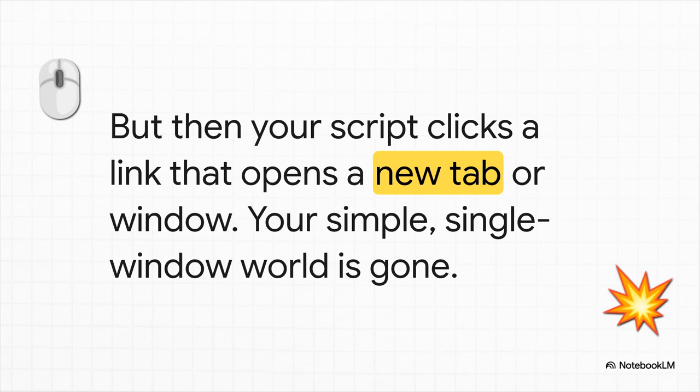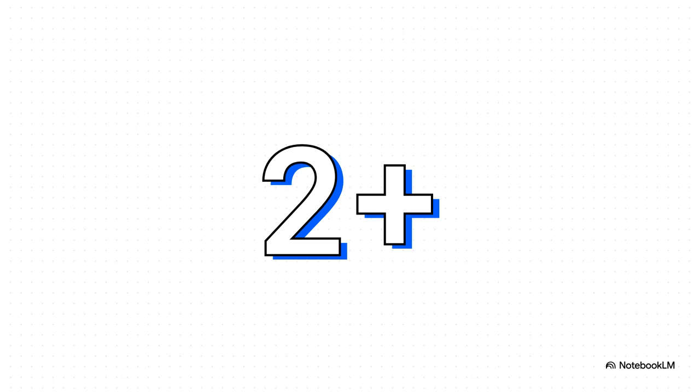But then, you know what happens? A click action happens, a new tab spawns, maybe a pop-up window. All of a sudden, your nice, simple, single window world is gone. And here is the trap. Even though you can see two windows right there on the screen, your driver is still staring at that original window. It's completely unaware that the new one even exists, so it can't interact with anything inside it.